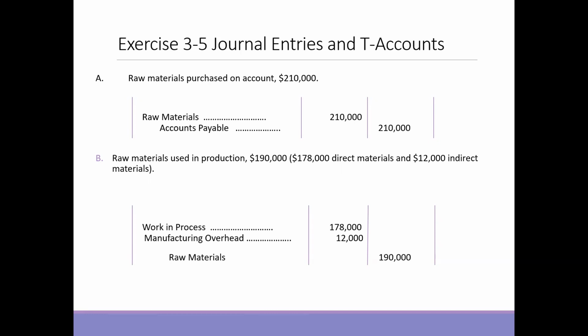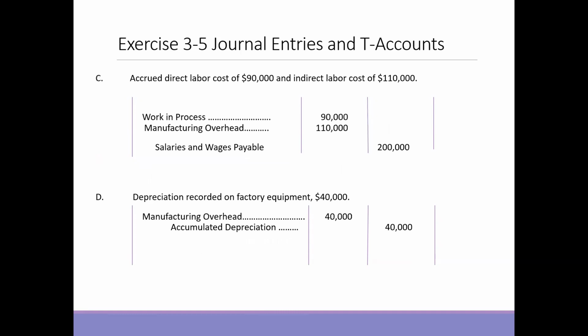Make sense so far? Then accrued direct labor cost of 90,000 will go right into work in process. Our indirect labor cost of 110,000 goes into manufacturing overhead. We credit our salaries and wages payable.